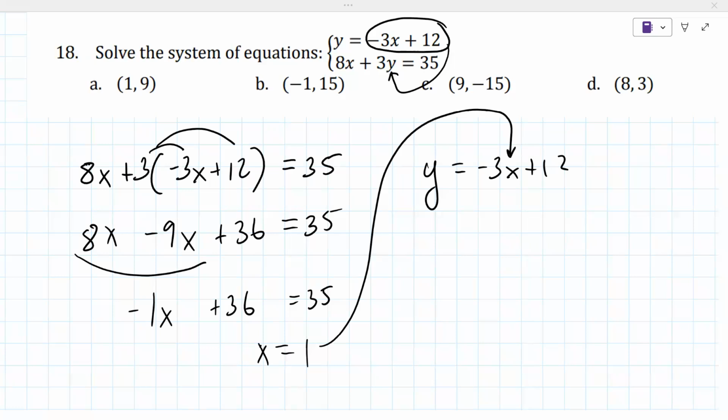I got y equals 9. That is correct. Good.